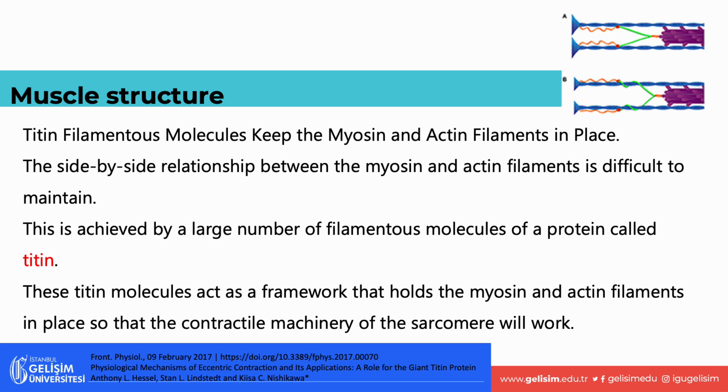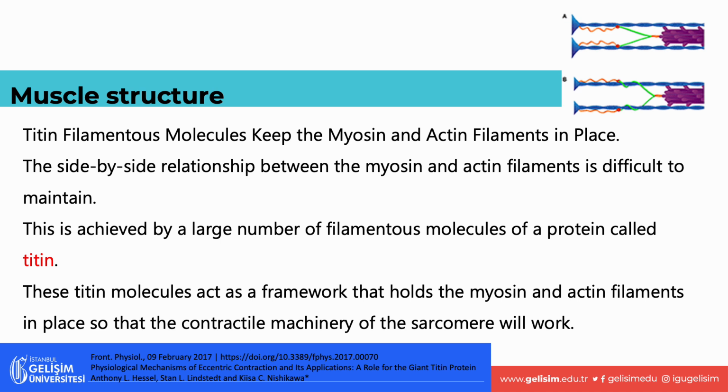All right, so the side-by-side relationship between the myosin and actin filaments in muscle fibers is critical for muscle contraction. However, maintaining this relationship is difficult, and this is due to the dynamic nature of the filaments during contraction and relaxation. To address this challenge, titin comes to help out. Titin is the protein that we talked about earlier.